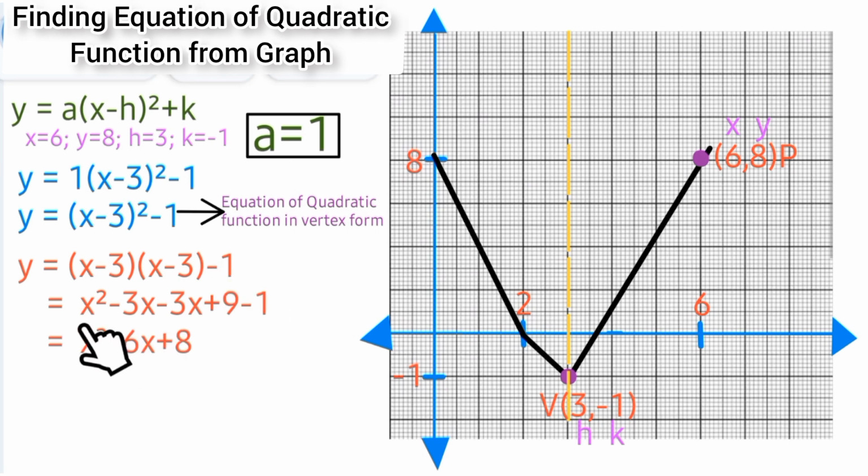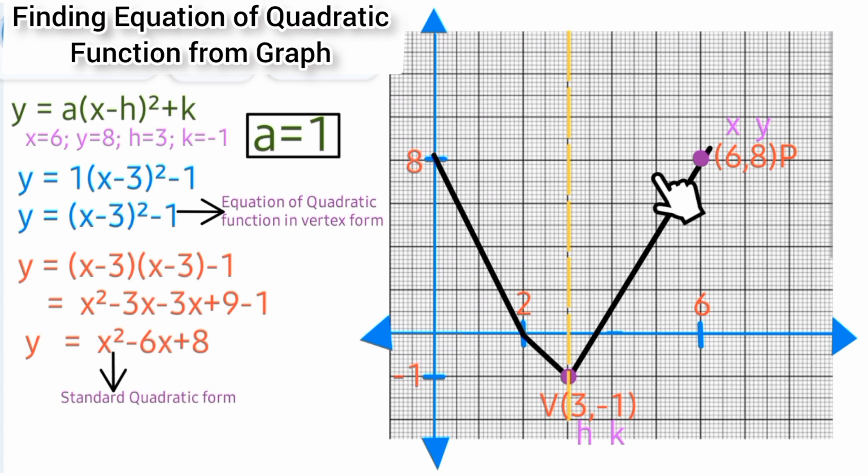So we have x squared, minus 3x minus 3x gives minus 6x, 9 minus 1 gives 8. So this is the standard quadratic form. So we've been able to find the equation of this quadratic function from this graph.